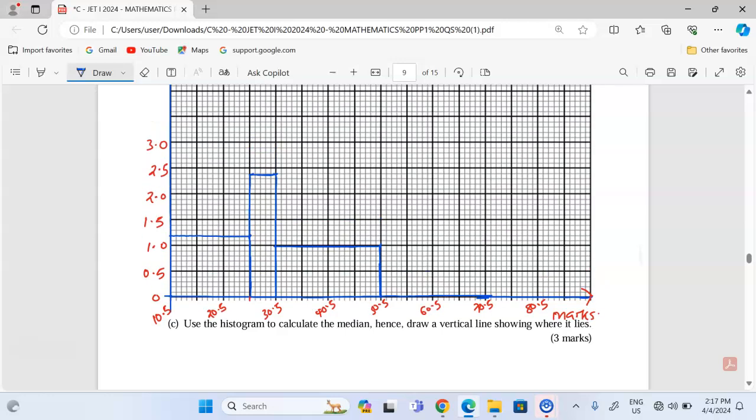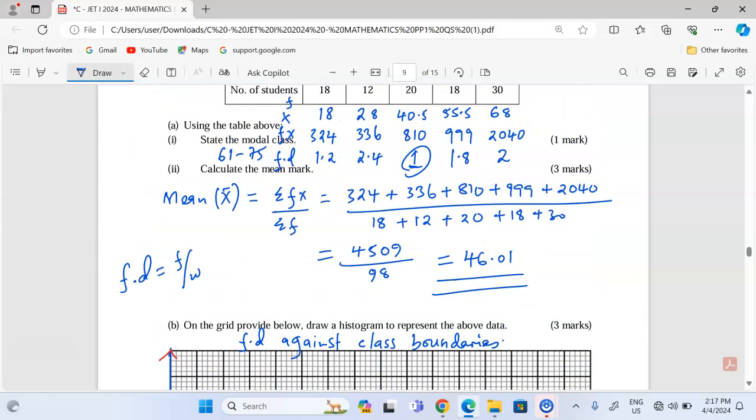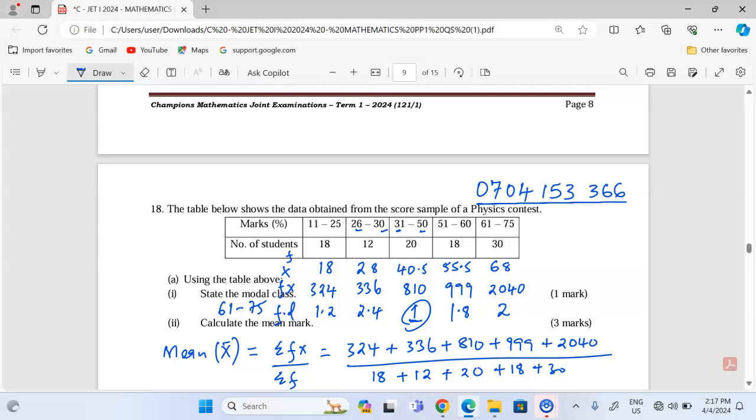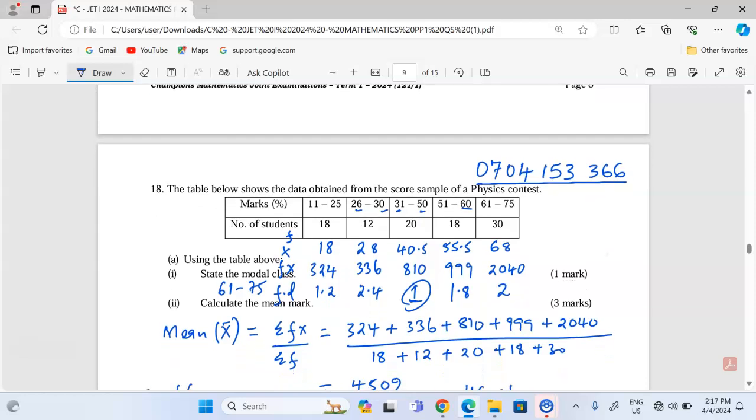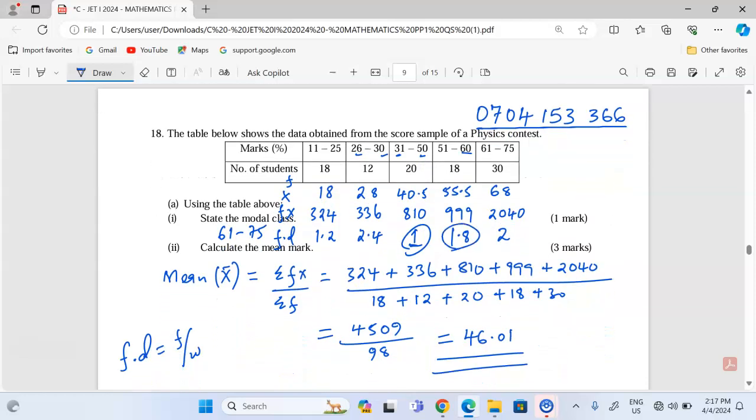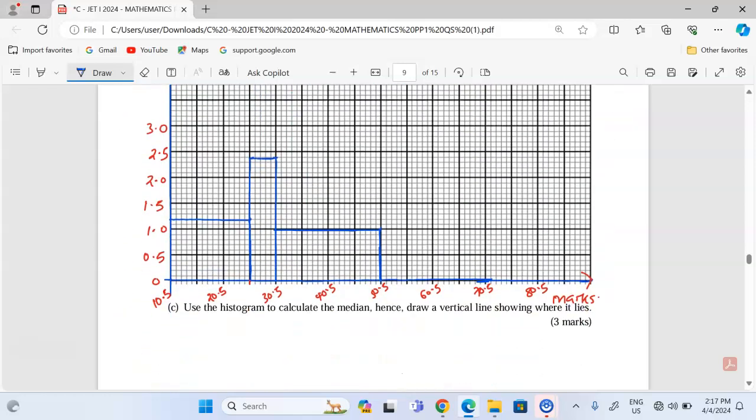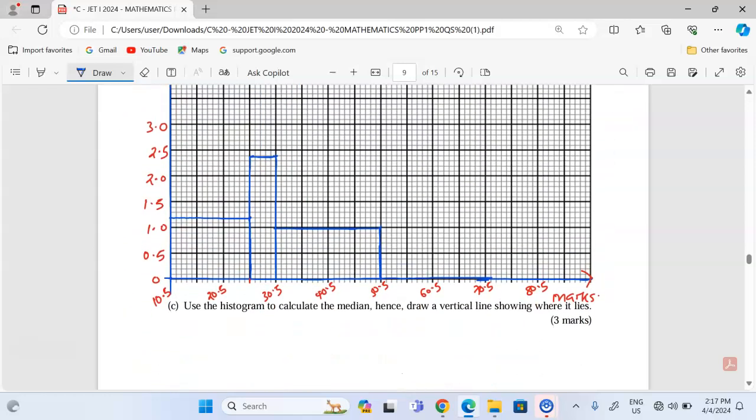We proceed to the fourth one. The fourth one will be running from 50.5 all the way to 60.5, and the height is 1.8. So 1.8 will be found just below 2 and up to 60.5.